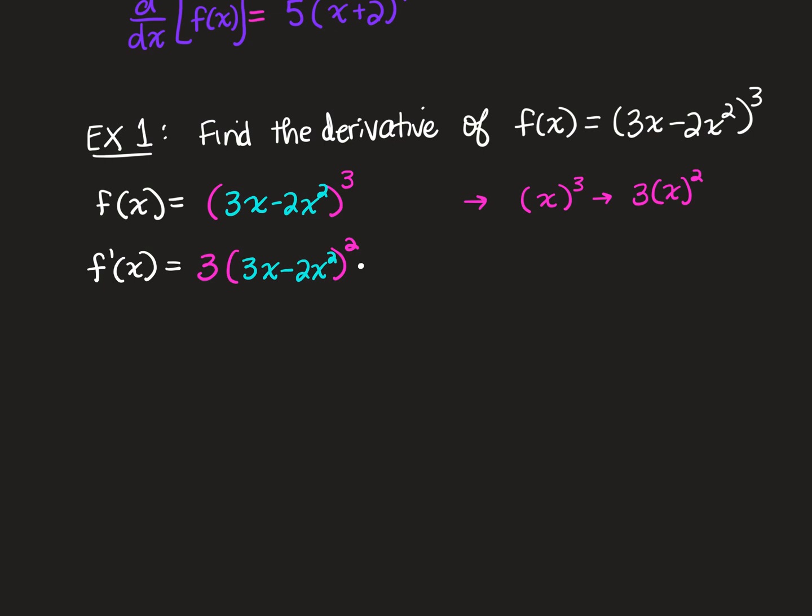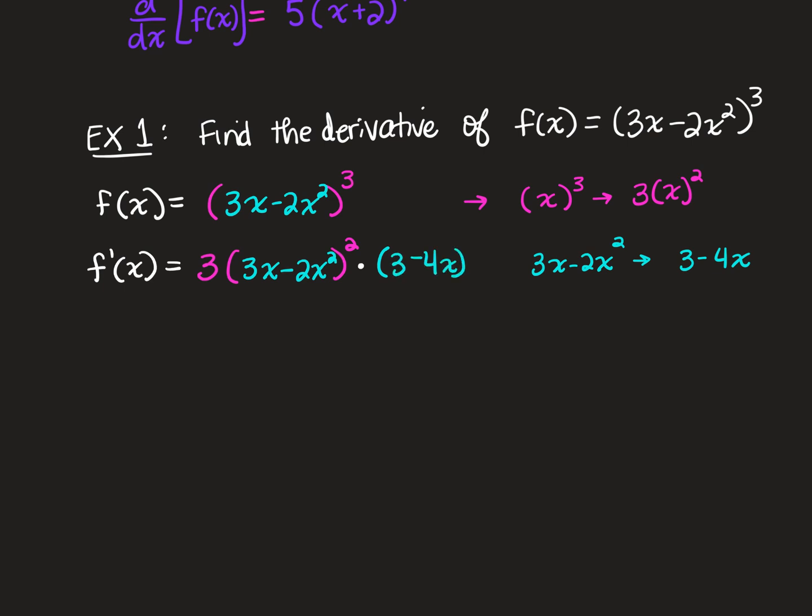And then I will multiply that by the derivative of the inside function. The inside function is 3 minus 2x squared. What would the derivative of that be? It would be 3 minus 4x. And that's what we will multiply by, 3 minus 4x.